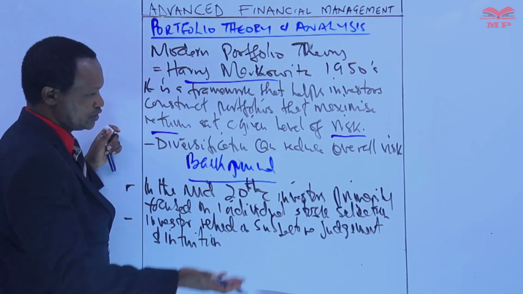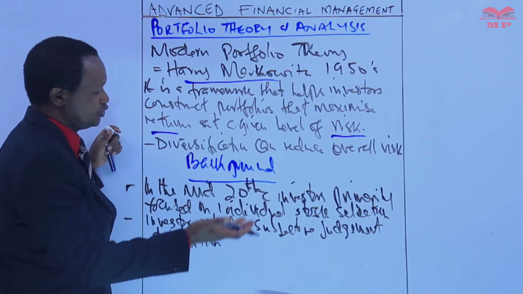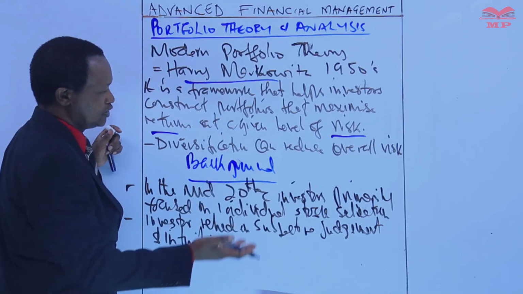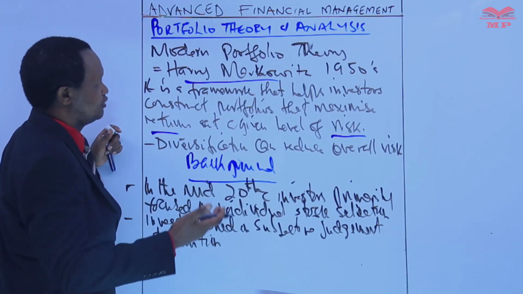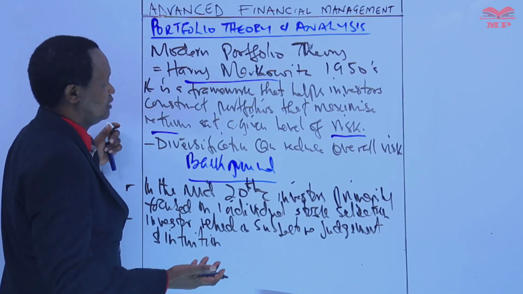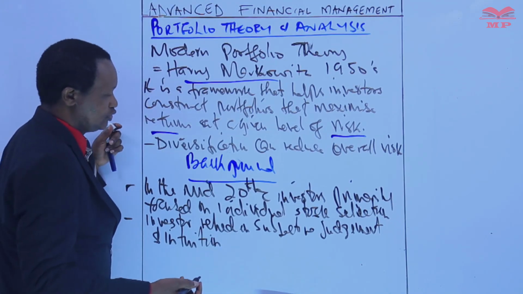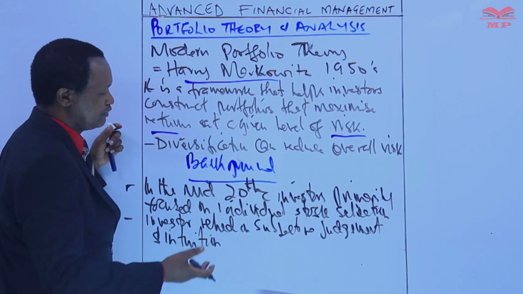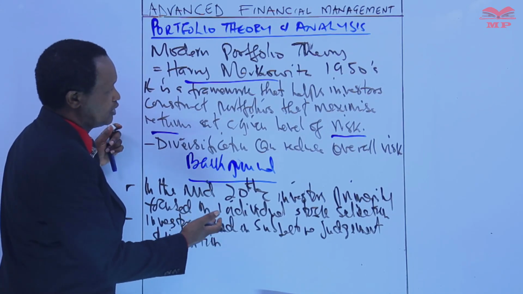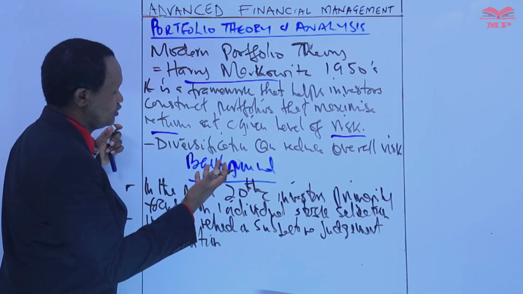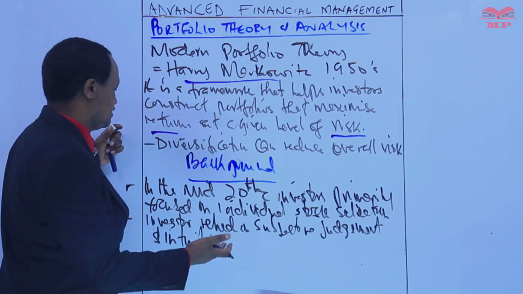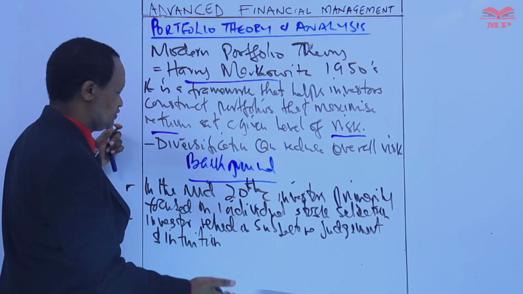So I want you to see the progression. We are studying the evolution so that we can appreciate what manner of contribution Harry Markowitz introduced. So before Harry Markowitz introduction of the modern portfolio theory, the investors relied on subjective judgment and intuition.